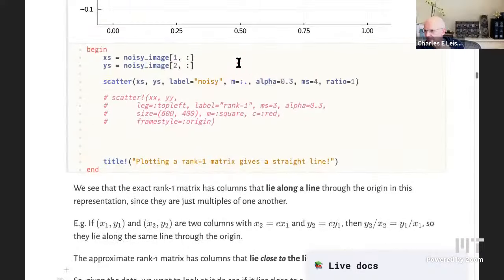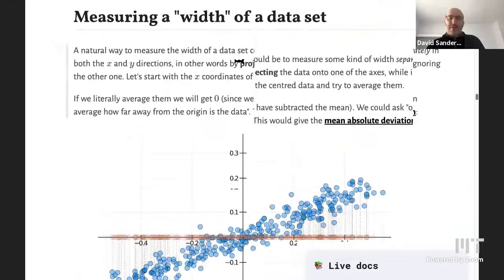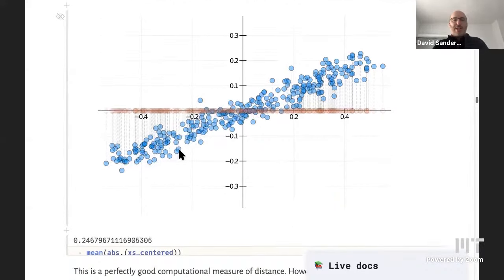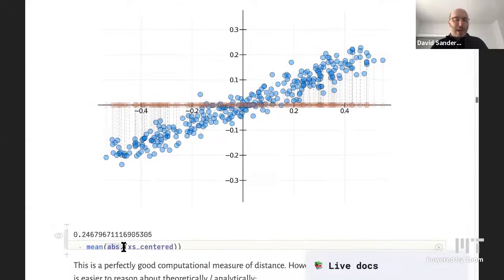Yes, thank you. Okay. So I was saying we want the average distance from the origin. One way we could do that is to literally take the distance. The distance is just the absolute value of the data point minus 0 in this case. So it's the same as taking the absolute value of all of the x's once I've centered them, and then calculating the mean. That gives me 0.25, and that's roughly here.